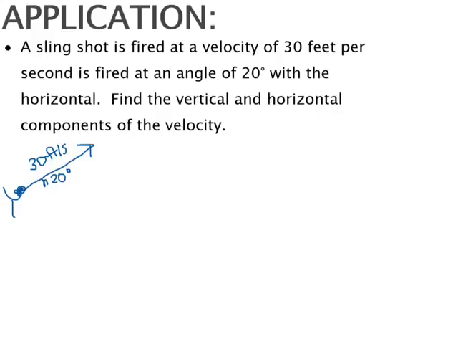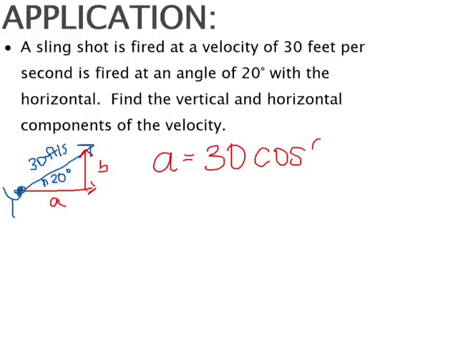Okay, so what we need to find are the horizontal, I'll call it A horizontal, and the vertical components of that vector. Okay, well, we know to find a horizontal component, we are going to take the magnitude times the cosine of the angle.